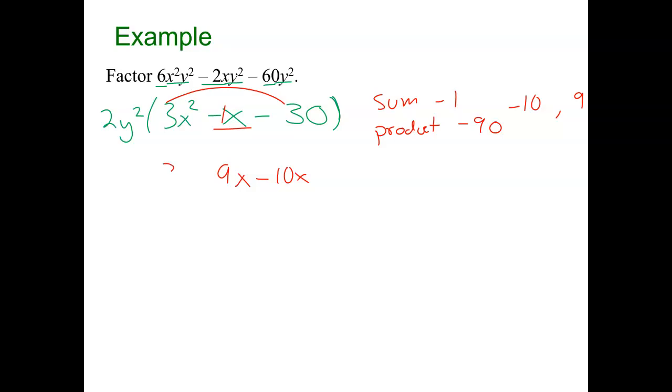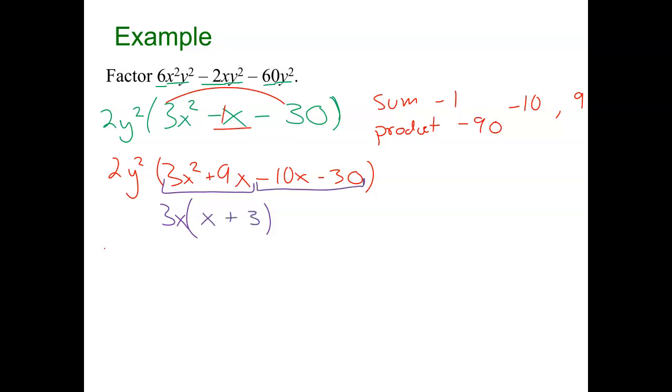So I'm going to bring down my 3x squared plus 9x minus 10x minus 30. 2y squared comes along for the ride, and now we do our grouping. What's my factor? 3x. What am I left with? Good. What's my factor?